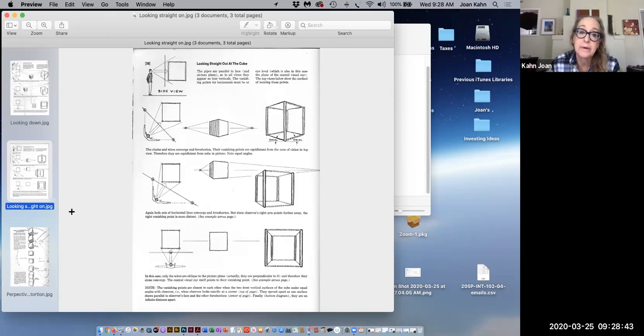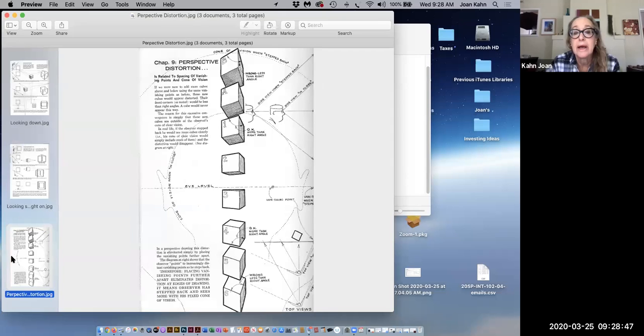This is on Canvas again, so you can look at it yourselves in your own time. And here's a good one. I like this one because it really shows you how the box would look if there was a central vanishing point and you raise the box up and down, like what if it was high, above the horizon line?